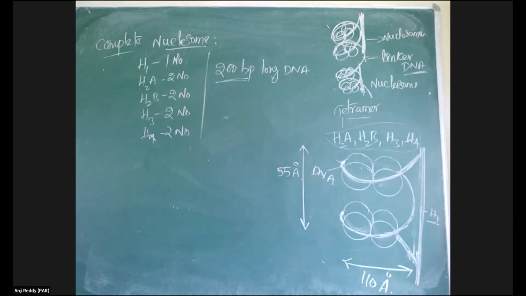5.5 nanometers height. Next point. It is made up of 2 copies of 4 nucleosome histones: H2A, H2B, H3 and H4.